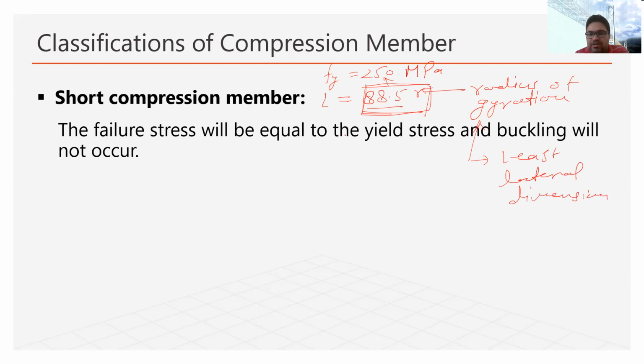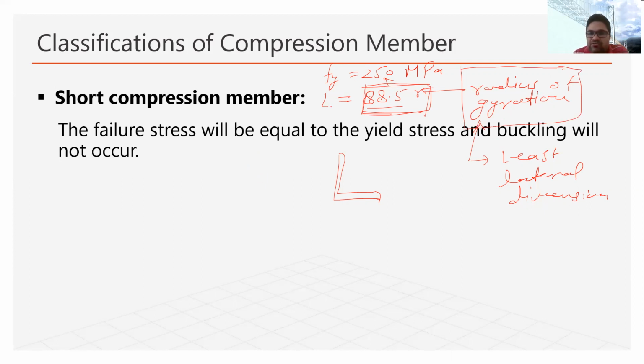Well, when we use steel sections like, say, an L, or any kind of section, it is very difficult to find out which one is the least lateral dimension. So that is why least lateral dimension can be represented by the radius of gyration, and we can find out the radius of gyration value directly from the steel table.